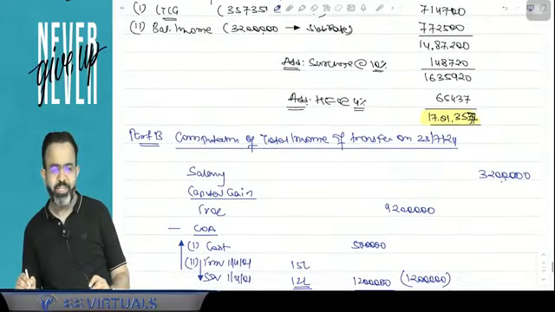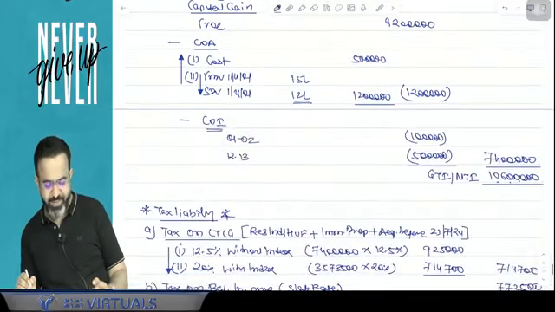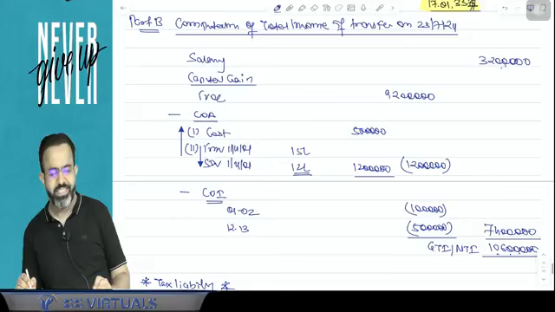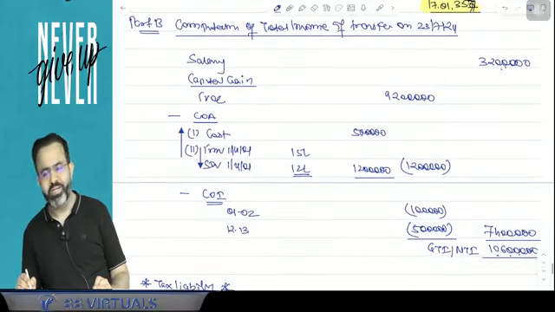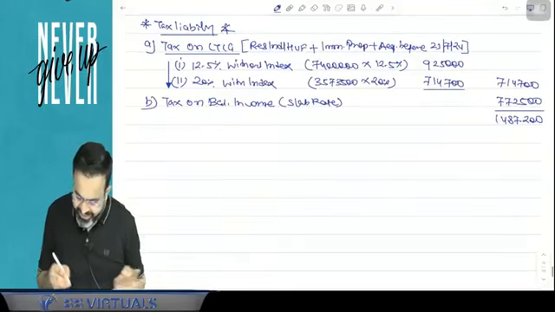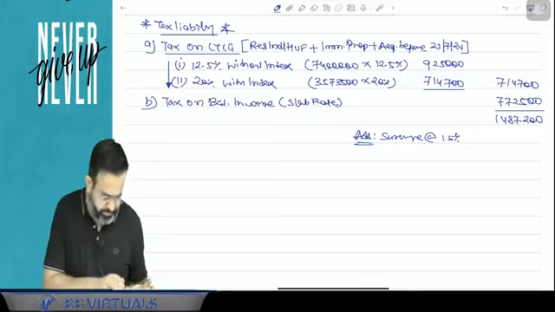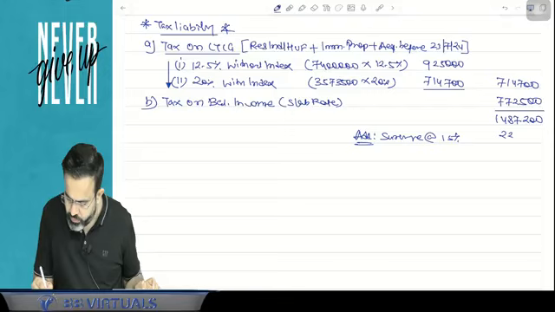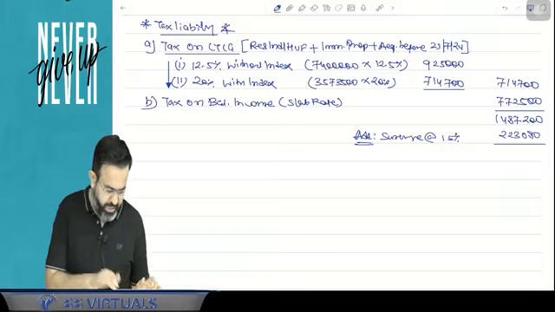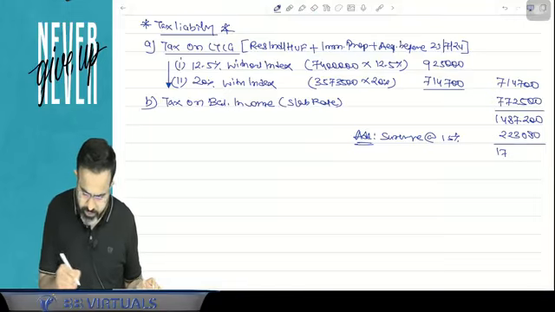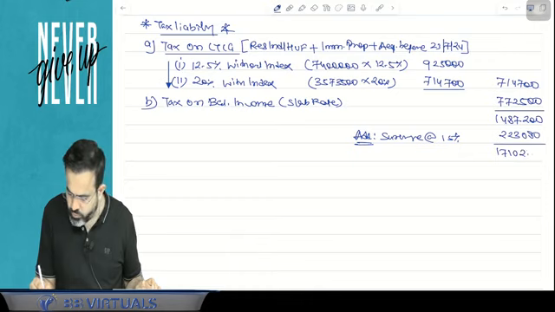It is the same, but here there is a twist. Here in the second case, your income is more than 1 crore, so the surcharge changed from 10 to 15%. So here you will add surcharge at the rate of 15%, 2,23,080. After adding surcharge, it is 17,10,280.